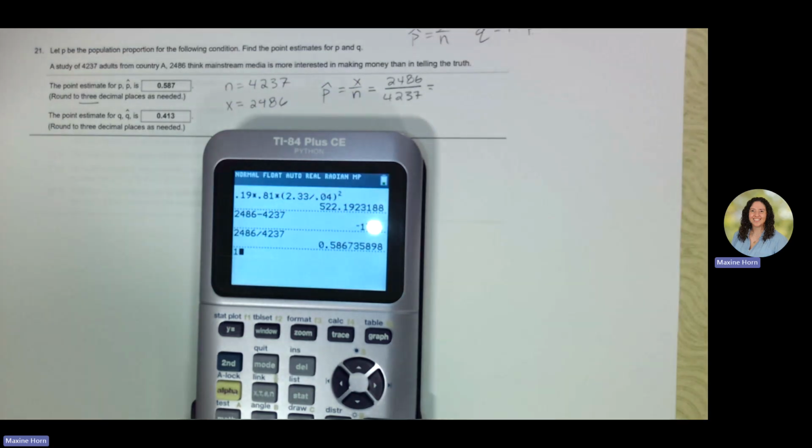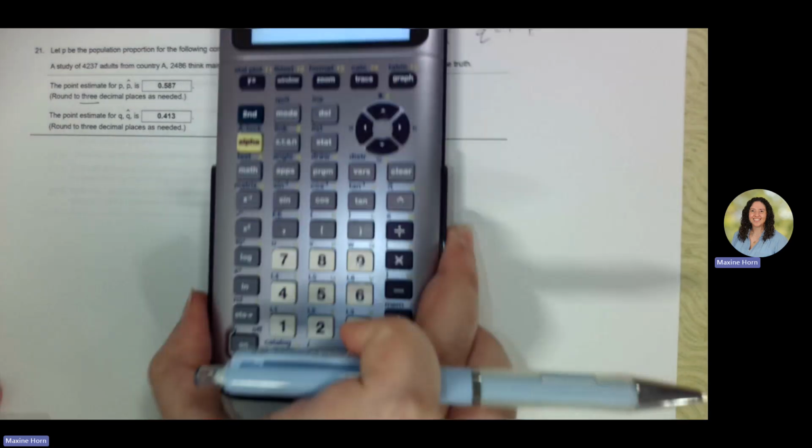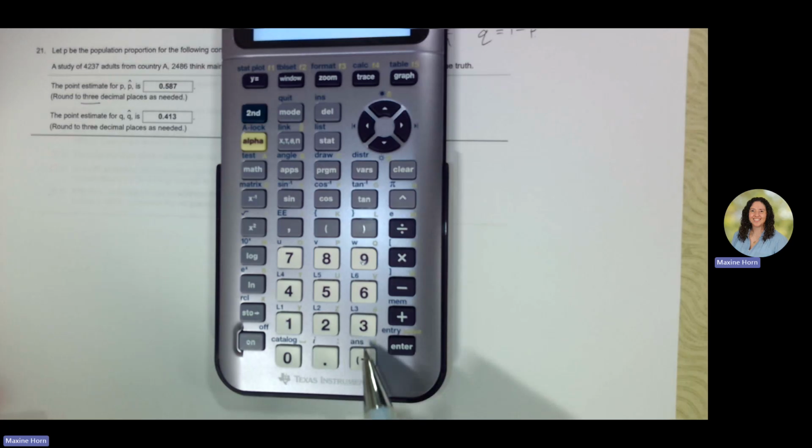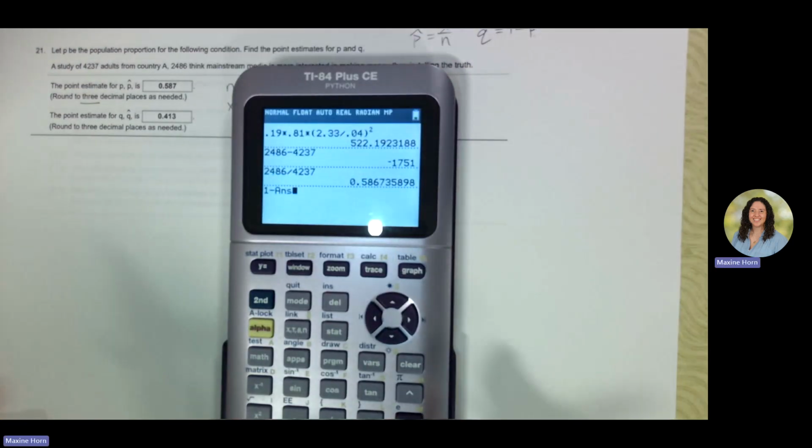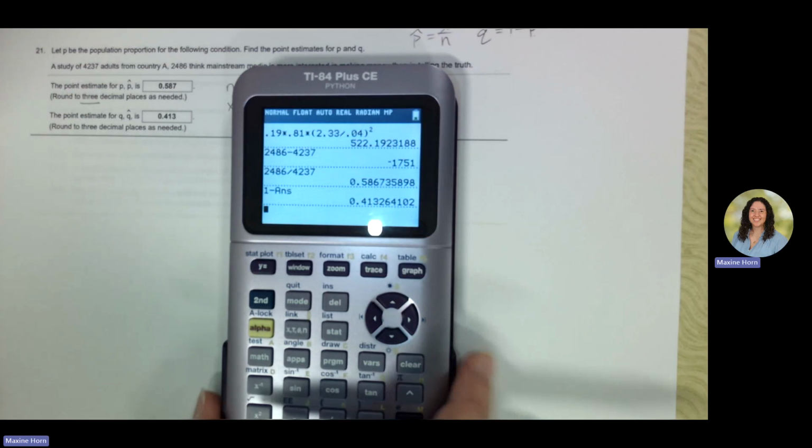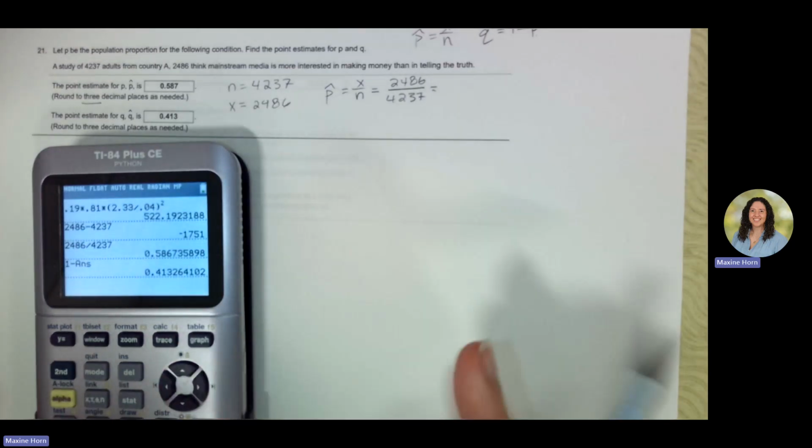So I can do 1 minus, and then down here, where it says answer, I can say, yeah, please take the answer from the previous one and plug it in. So I can go second answer, and it takes the answer that I previously had, and I can get my 0.413. Okay.